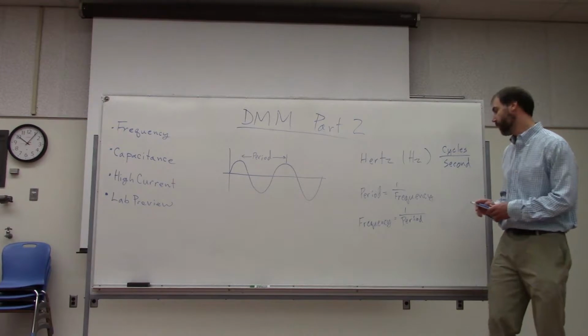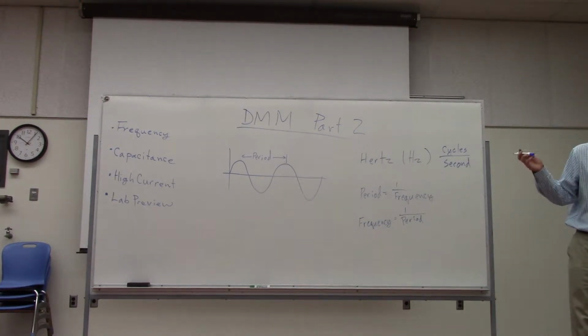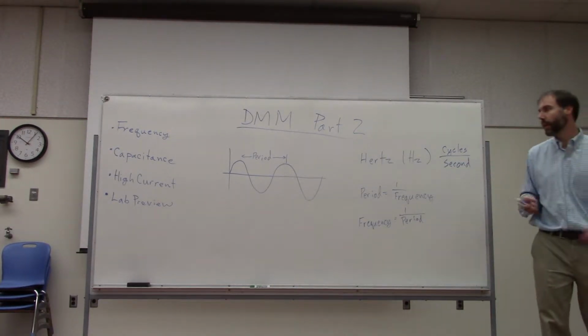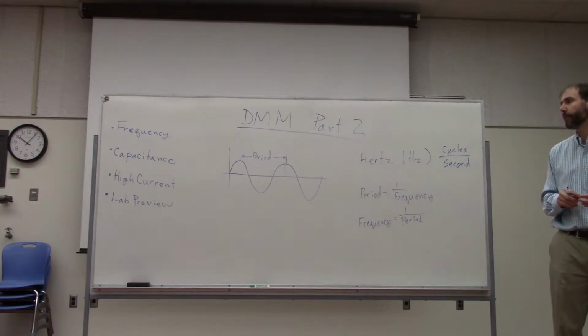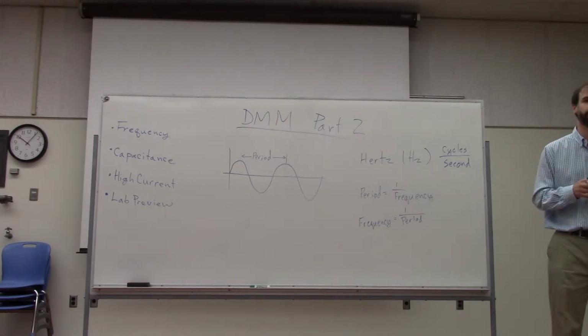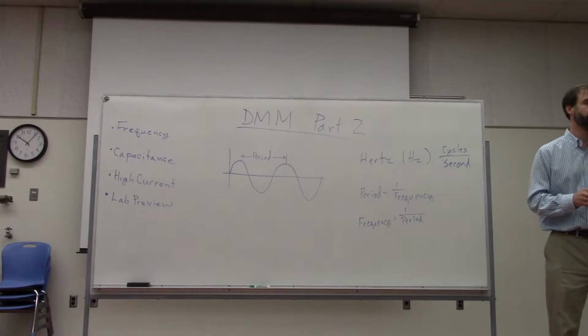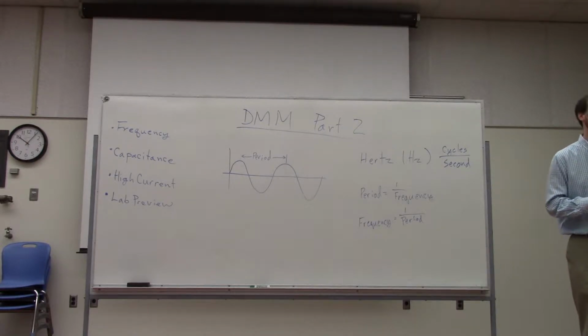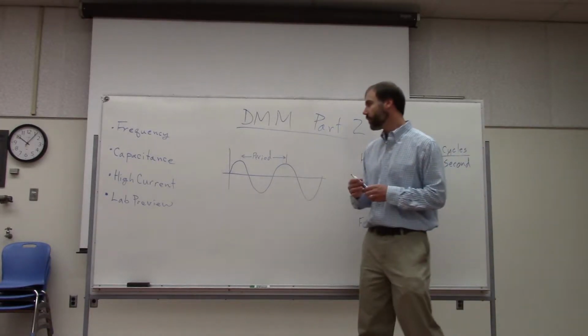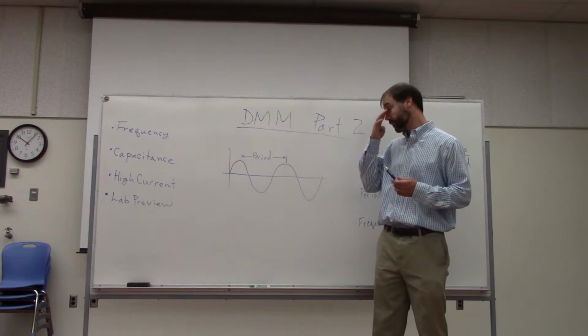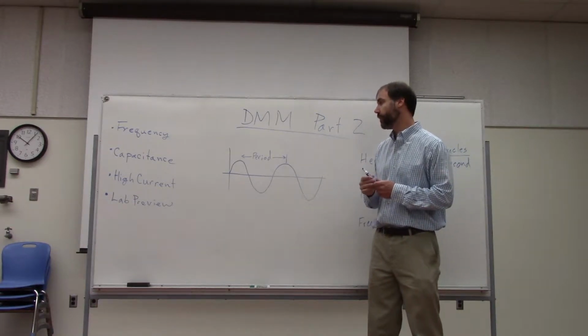Okay? I think we've discussed this already, but I wanted to make sure that we have that clearly in mind when we're talking about frequency today. Any questions about that? All right. So that's really what we want to say about frequency.